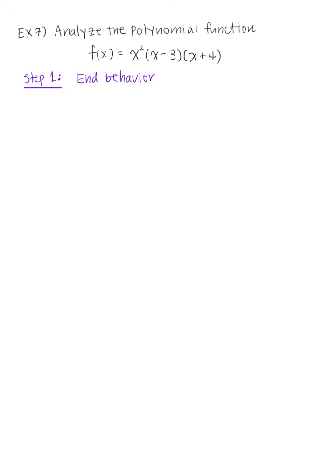But anyways, let me just multiply everything out. So our f of x is going to be x squared, let me just leave the x squared, and then multiply these guys. Make sure you have parentheses around that. You're going to have an x squared, and you're going to have plus 4x minus 3x, and then minus 12.